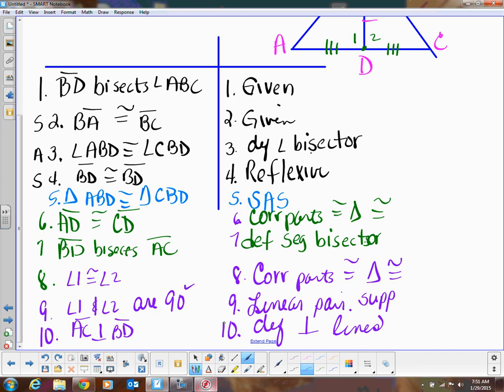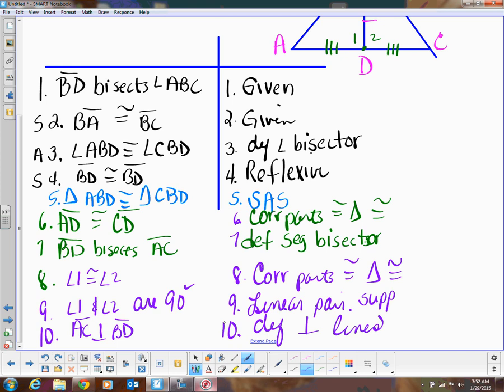Whenever you say triangle congruent to triangle, it's a combo. The reason will always be a combo. And it always has to go before this statement because you're assuming congruent triangles. Oh, because there's no congruence in this statement.